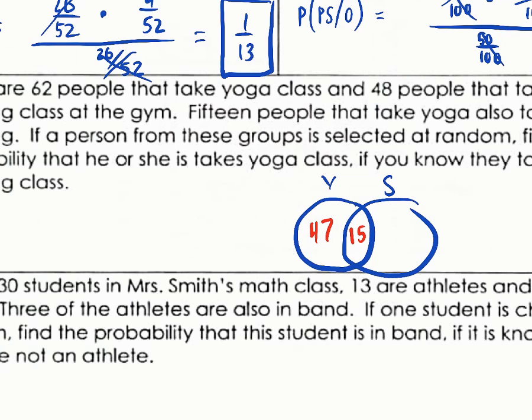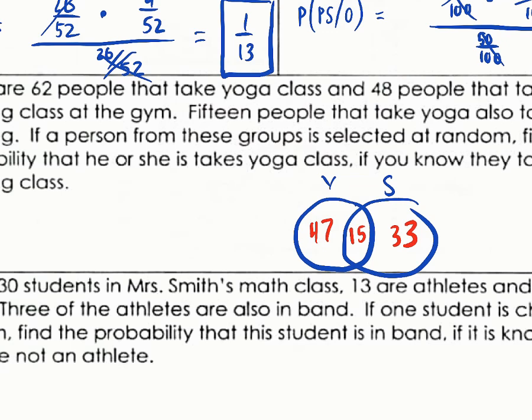So yoga only is 62 minus 15. How many are in the spinning only? 33. Once again, there were 48 who do spinning, and 15 do both. So 48 minus 15 equals 33. So this is a circle that can kind of help me narrow things down.